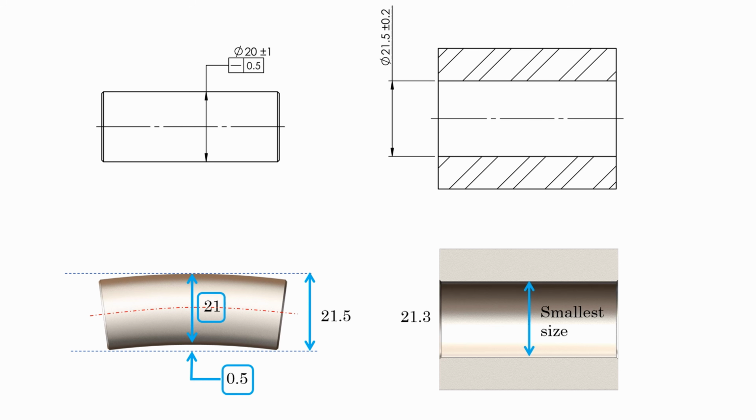So this outer boundary of the shaft is now larger than the inner boundary of the hole. So in this case, the shaft may not pass through this hole. There could be up to 0.2 mm of interference.